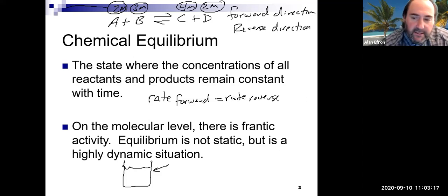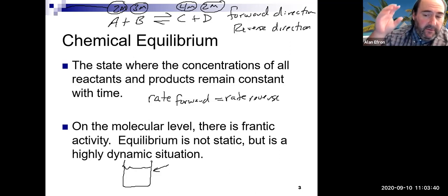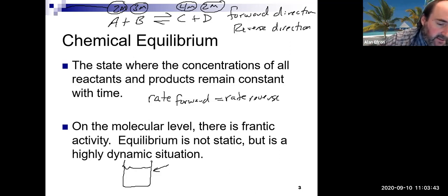It just kind of looks like the reaction's done. It started really red, and then it ended at a nice light yellow color, and you're like, I don't see much changing. It's still yellow all the way through. Nothing much is happening. At the big level, it may look like the reaction's over. But if you were to super zoom in on the molecular level, there is a lot of activity.